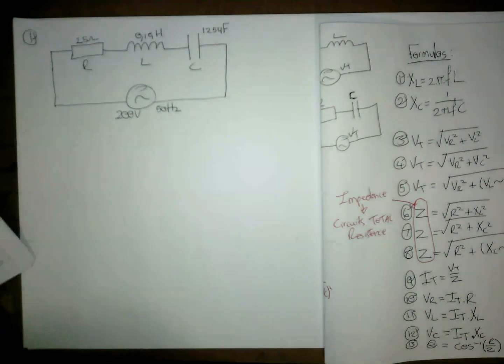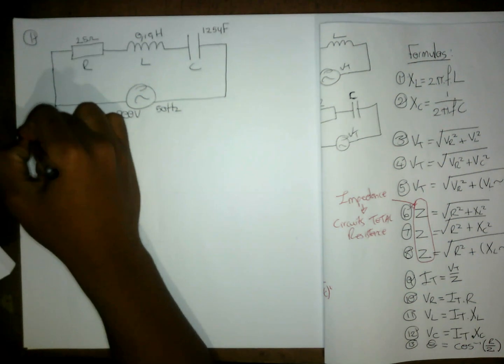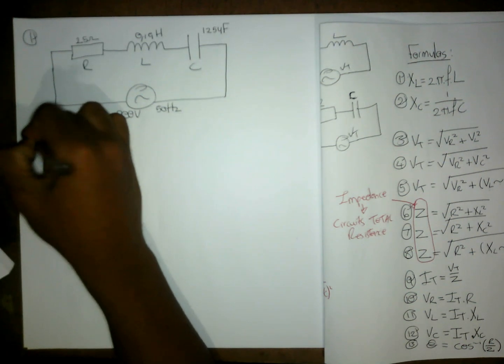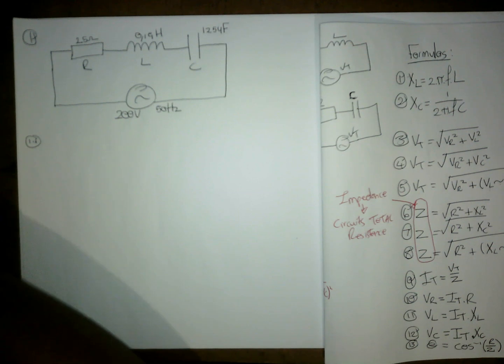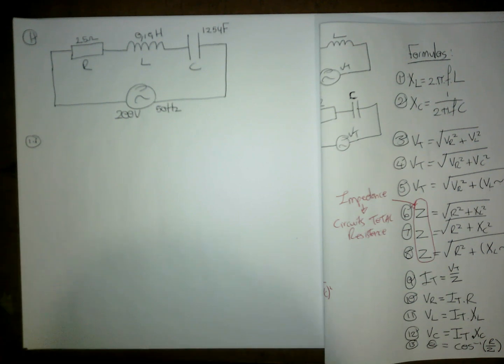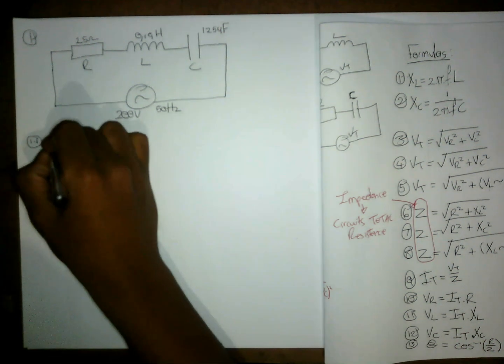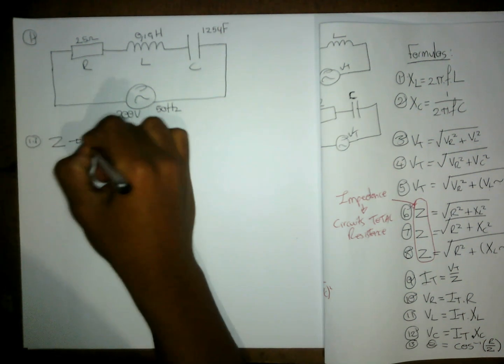Question 1.1 says we must calculate the circuit's impedance, Z.